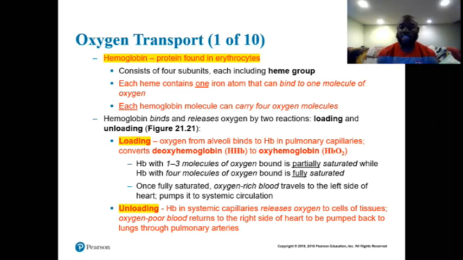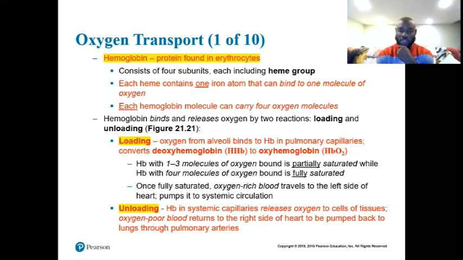So HHb to HbO2. The hemoglobin with 1 to 3 molecules of oxygen is partially saturated. With 4, it's fully saturated. Once fully saturated, oxygen-rich blood travels to the left side of the heart and is pumped to the systemic circuit. Remember, that comes from the left ventricle.